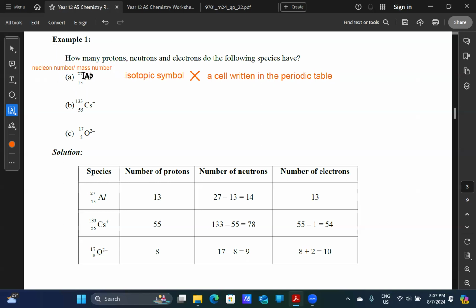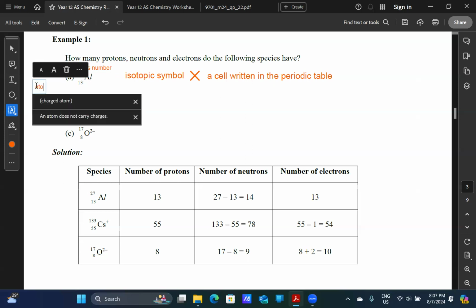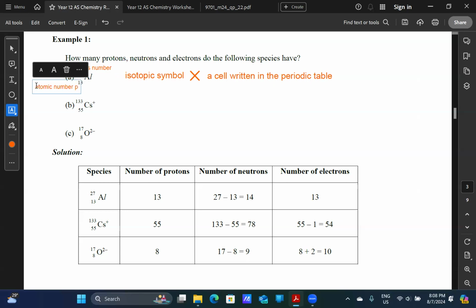Okay, so the value 27 is the mass number. Then the value of 13 below the chemical symbol is atomic number, or we call this proton number.